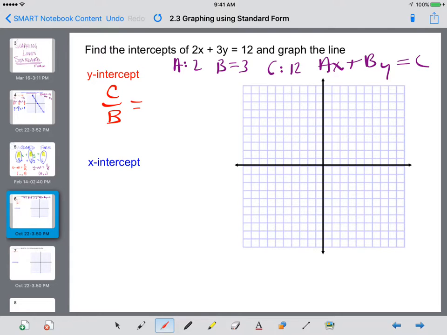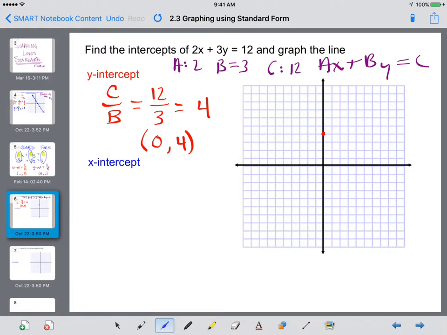So our c is 12 divided by b equals 3. My y-intercept is going to be 4. So the point that I'm going to plot is going to be the x is 0 and the y is 4. So I can plot that right now. 0, 4 is right here.